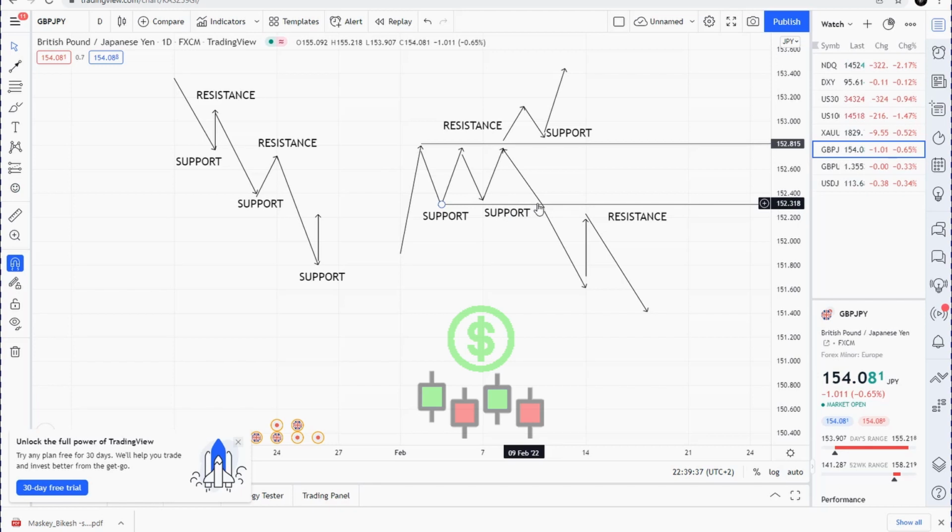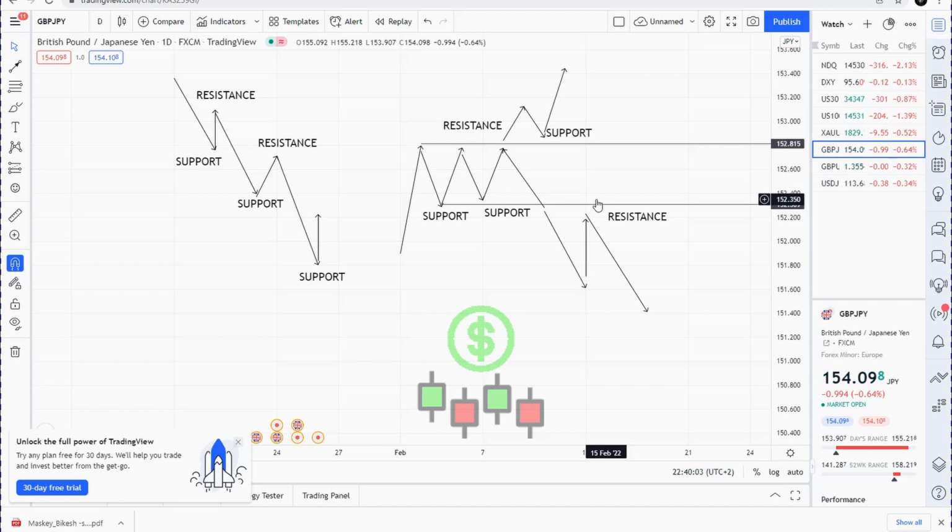This support was no longer strong enough to stop price from breaking through, and then price broke through here and came back for a reversal. When it came to test this level again, it was no longer support, because now price is below it. Because this is now above the current market price, it becomes resistance.